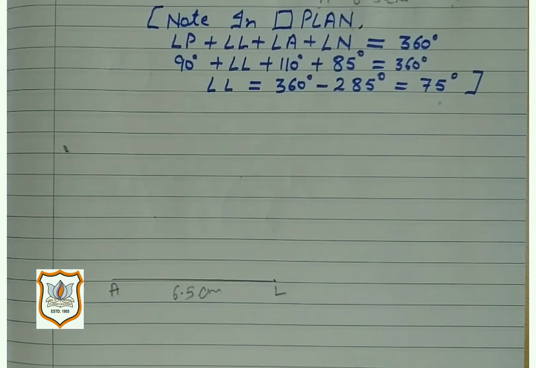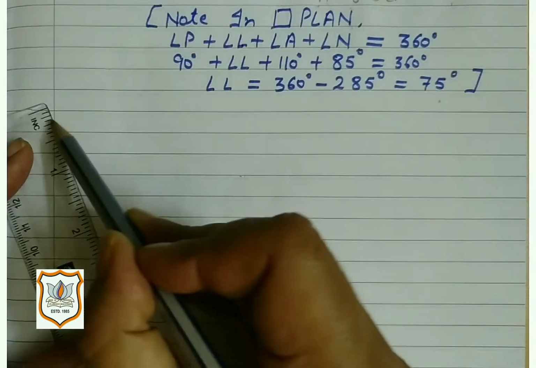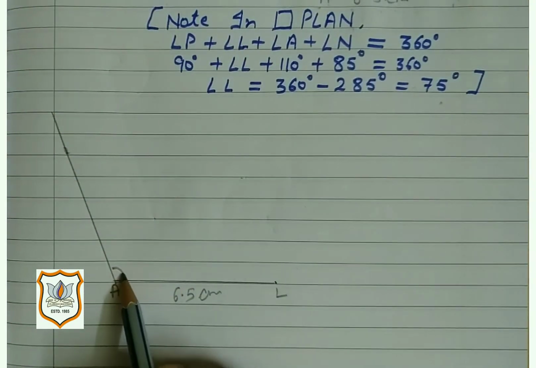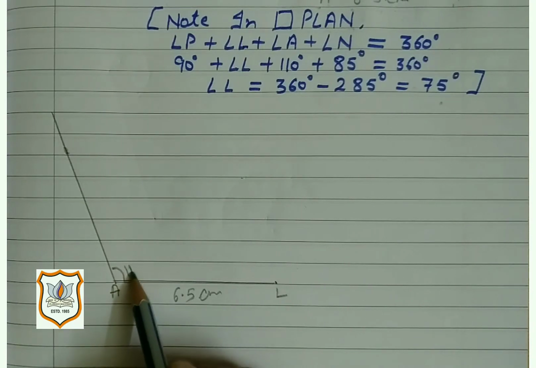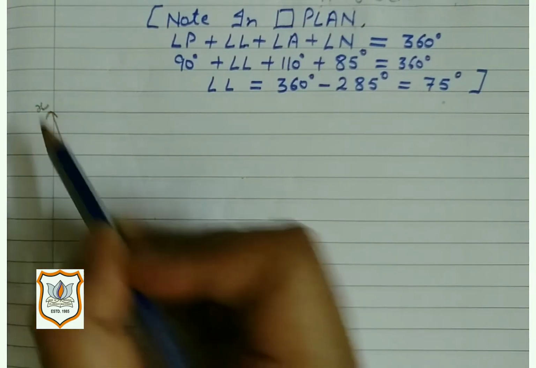Now we will draw a line of angle 110 degrees. We will write here 110 degrees, and we will give the name of this line as XA.